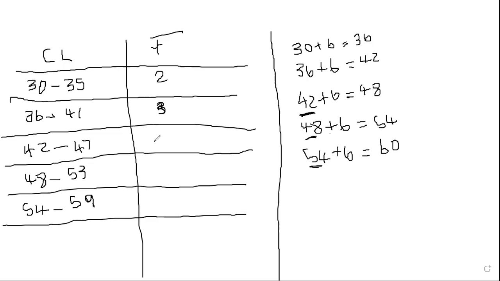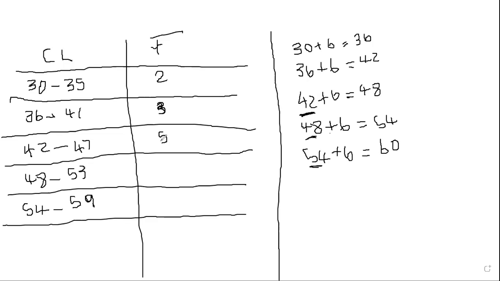Third row, I don't have anything. Fourth row, I'm having 46. I'm having 44. I'm also having 47, meaning my frequency will be 5. Here I'm having 5.